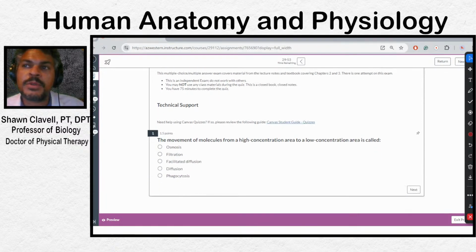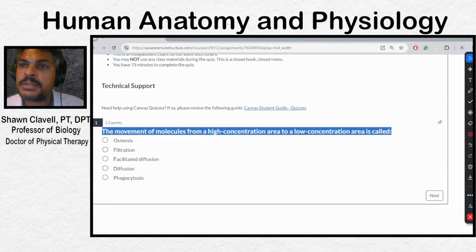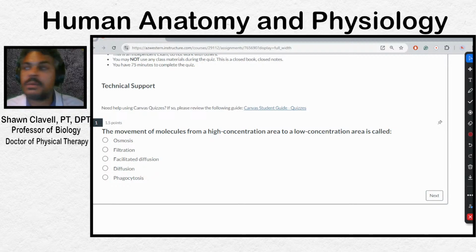So the movement of molecules from high concentration to an area of low concentration. There are 5 possible answers associated with that. Not going to give you the answer though.